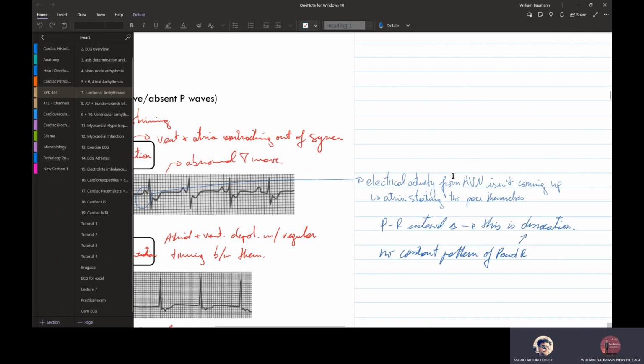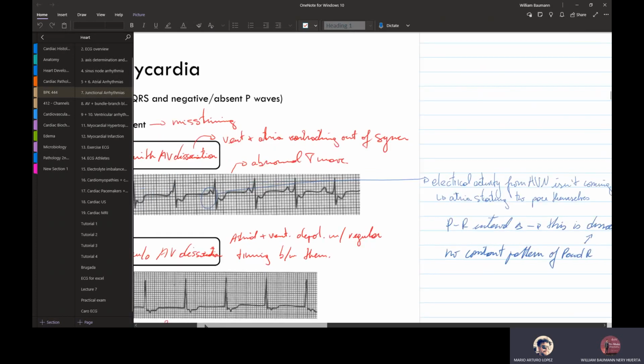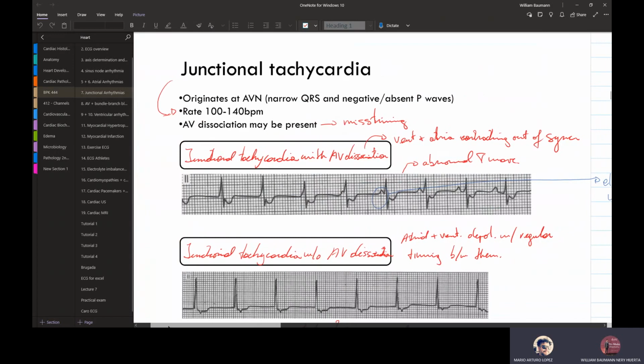It says right here that the atrial activity from the AV node is not coming up, so the atria starts to pace itself. The PR interval changes, and this is the dissociation. The PR interval is dissociated because you don't see any rhythmic interval that stays consistent.